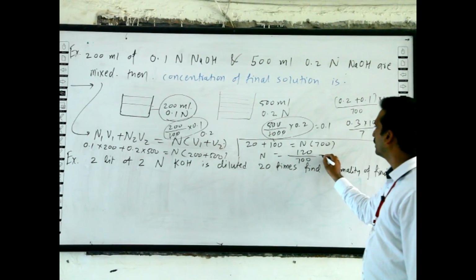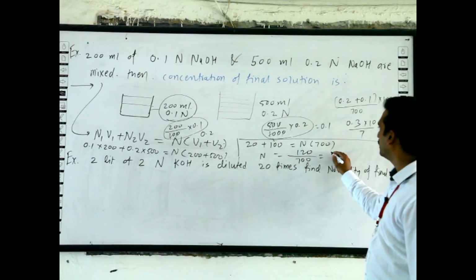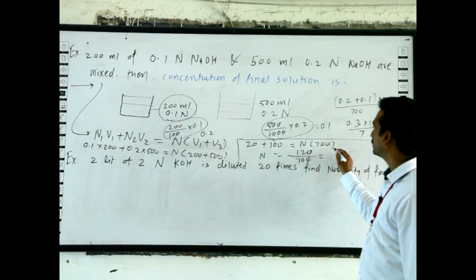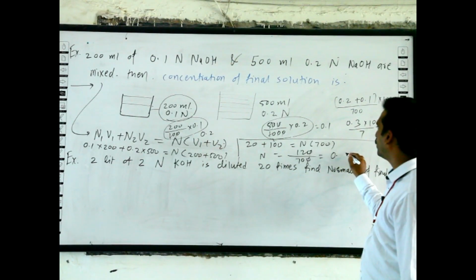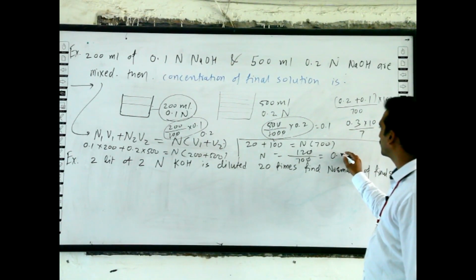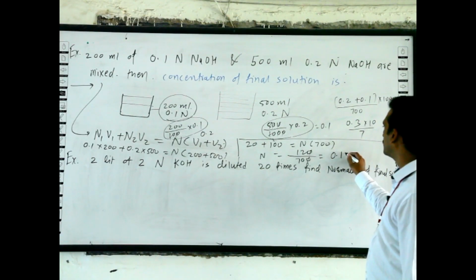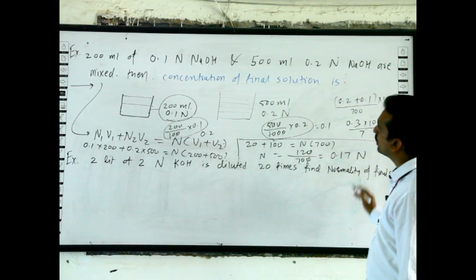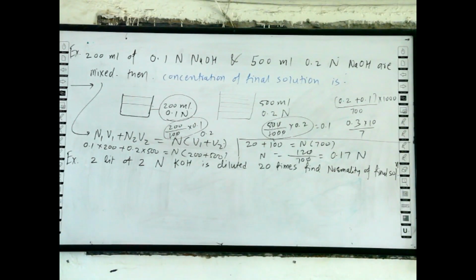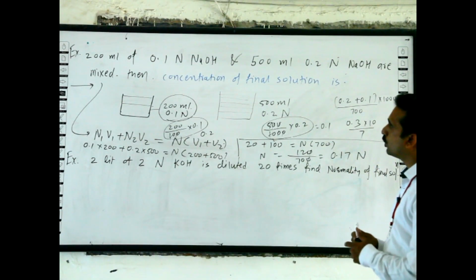Here the calculation gives N equal to 0.17 normal.